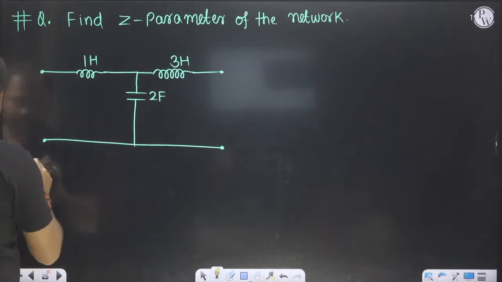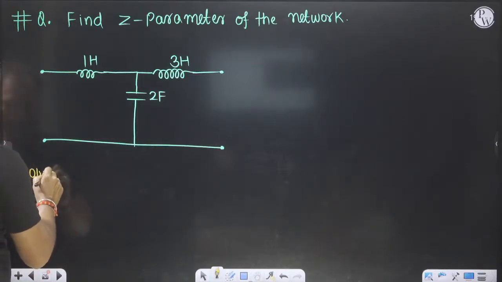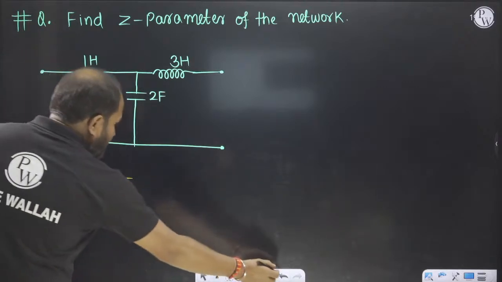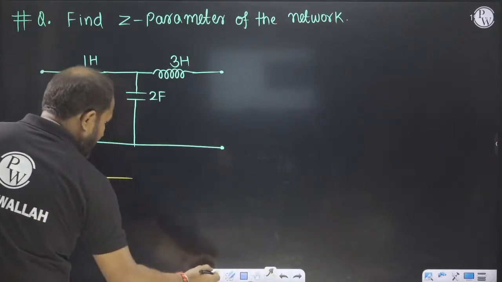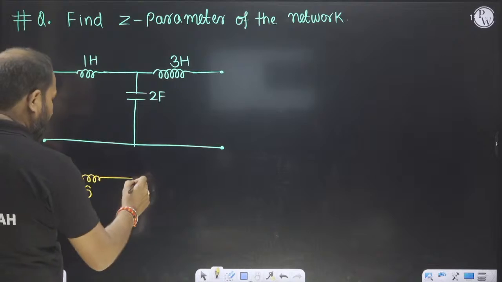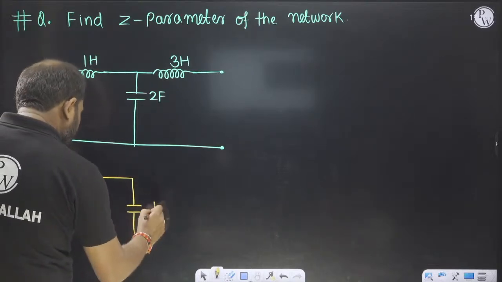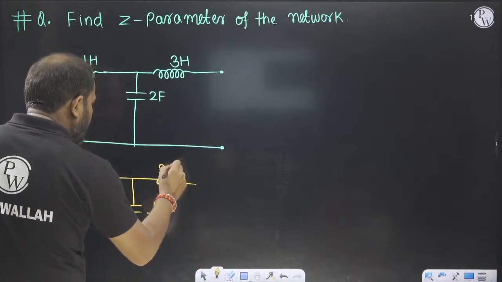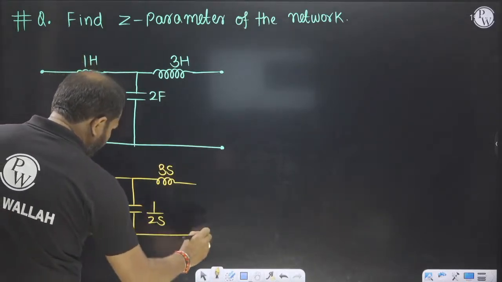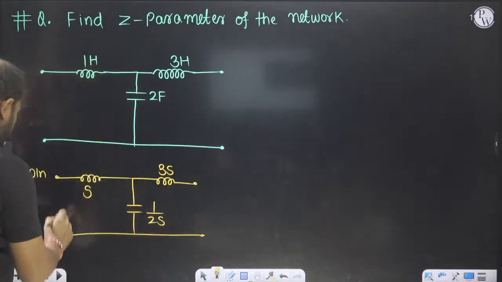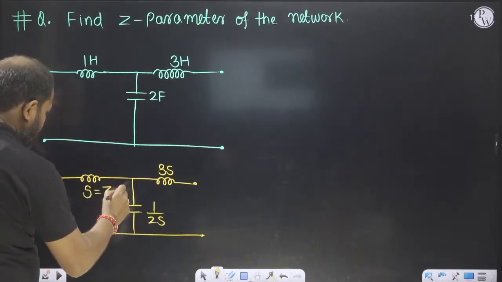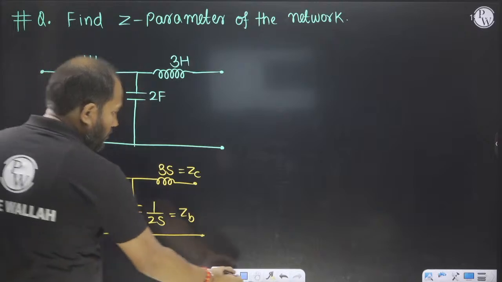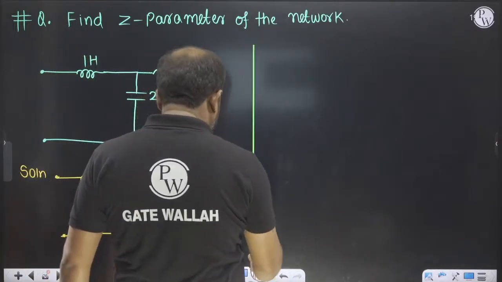So for Z parameter what we will do, first of all inductance will be replaced by LS, LS means S, and capacitance will be replaced by 1 by CS, 1 by 2S, and inductance will be replaced by LS, 3S. And now you can find out the value. This is ZA, this is ZB, and this is ZC. So you can find out Z parameter.